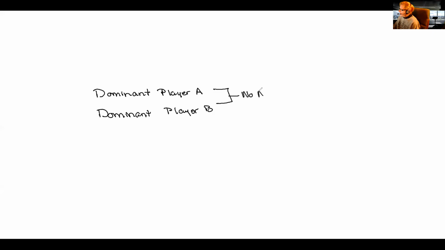So in a case where the dominant strategy for player A and the dominant strategy for player B do not intersect in the same cell, then you're just going to say there's no Nash equilibrium.